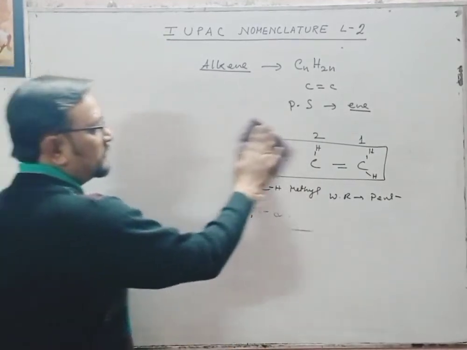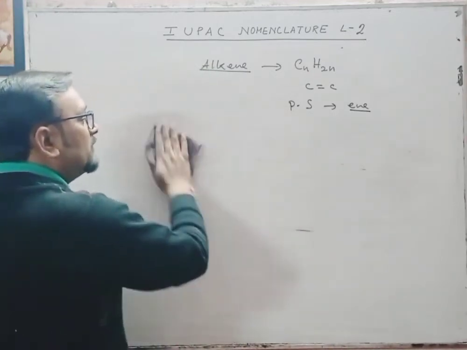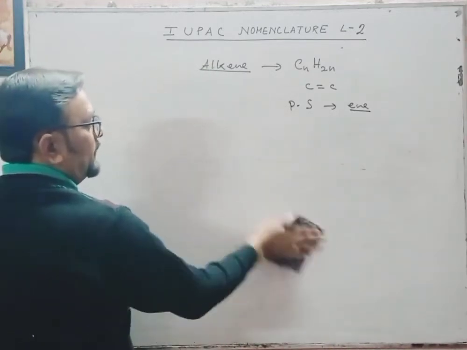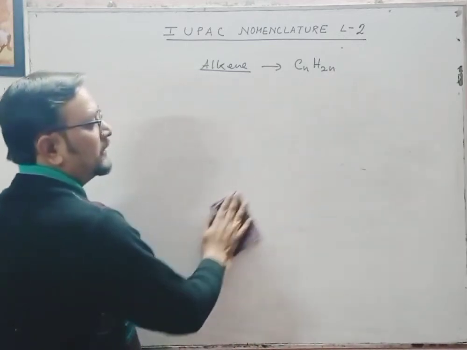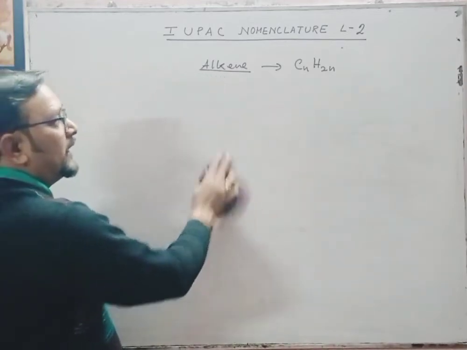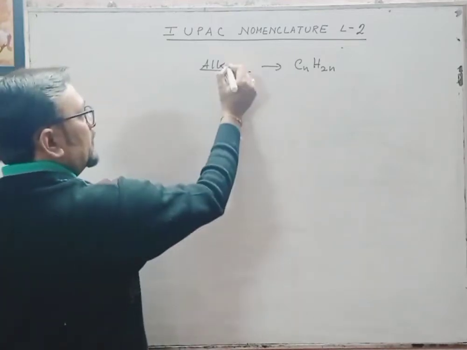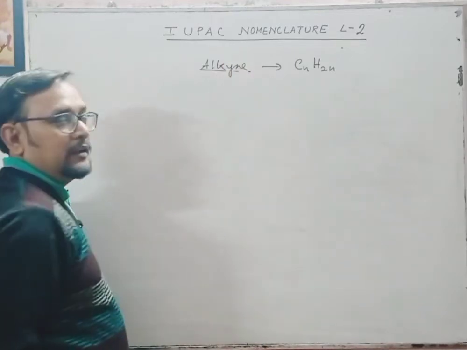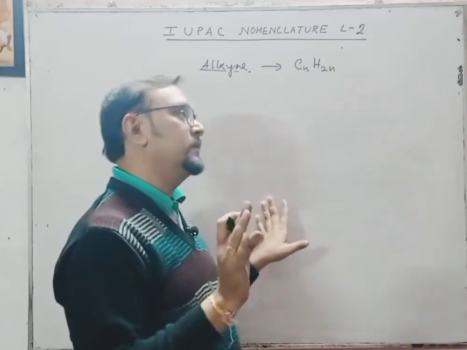Now let's discuss the YNE part. Once you have learned the ENE part, then the YNE part is also similar to it. There are no extra rules for the YNE part, they are the same. Whatever we have done just now for the ENE part, we will follow the same for the YNE part.